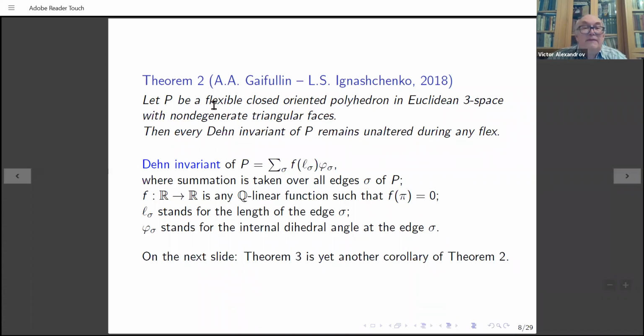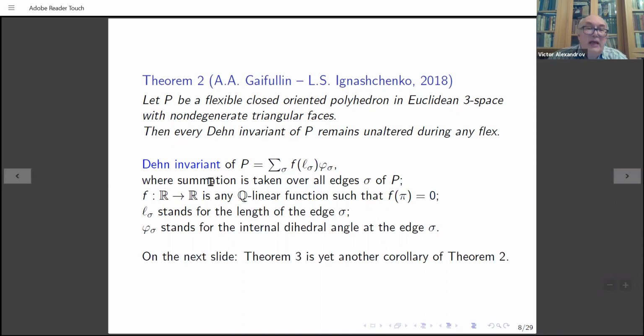Let P be a flexible, closed-oriented polyhedron in Euclidean 3-space with non-degenerate triangular faces. Then every Dehn invariant of P remains unaltered during any flex of this polyhedron.